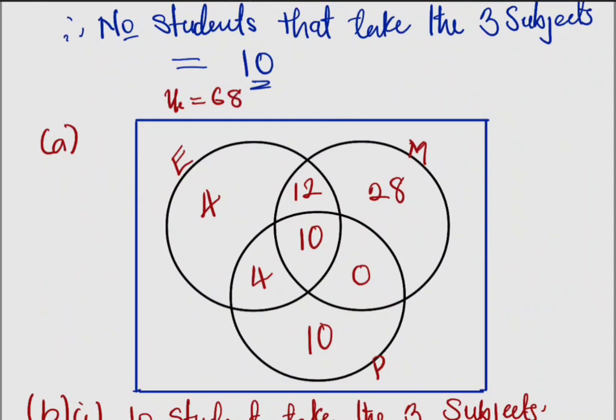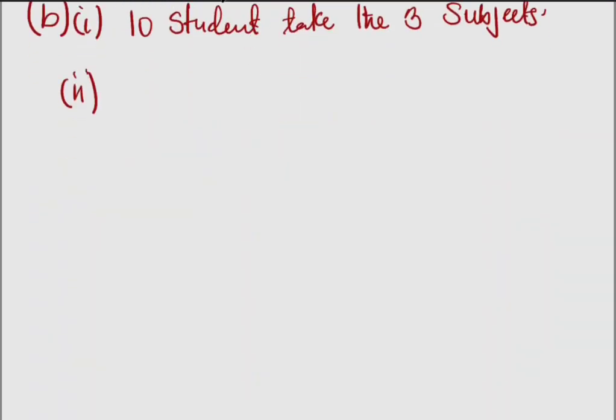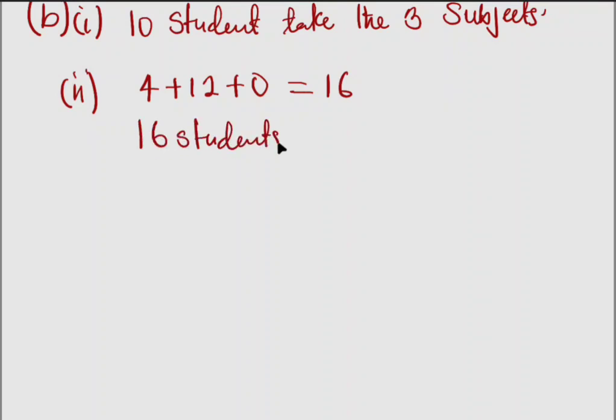Students of that can be obtained from here, and here. Of course, these are the students that take 2 subjects each, which means 4 plus 12 plus 0. That will be 16. 16 students take exactly 2 subjects.